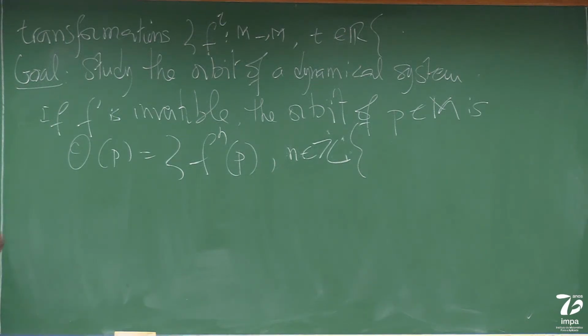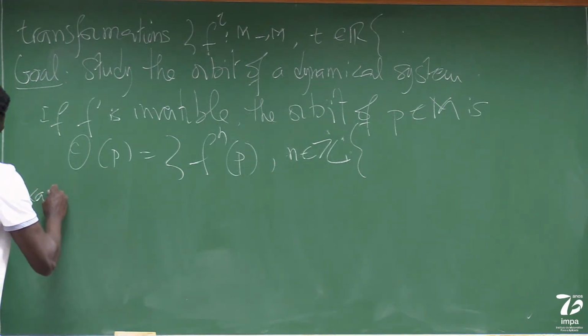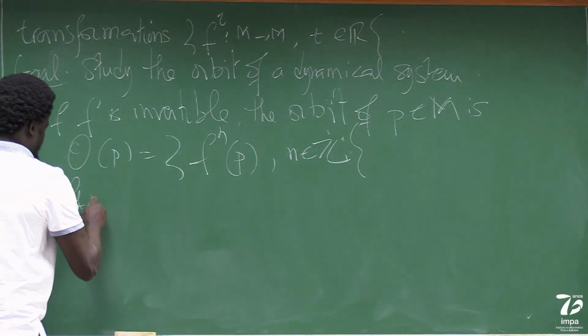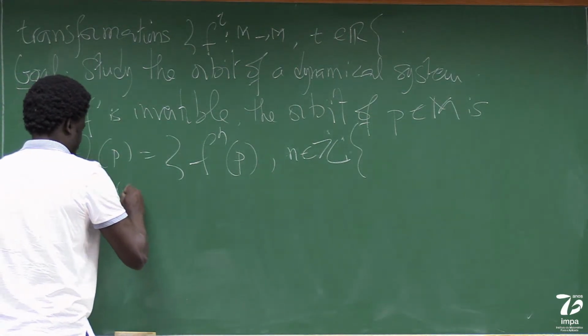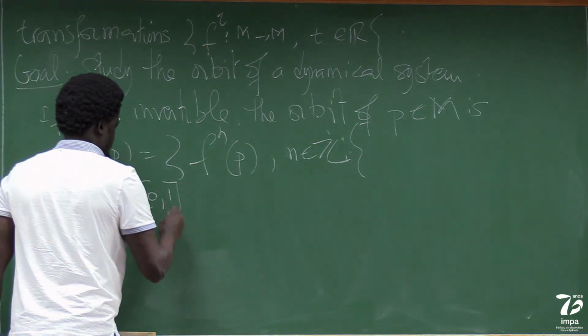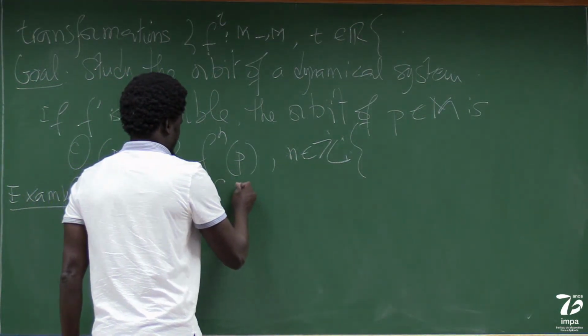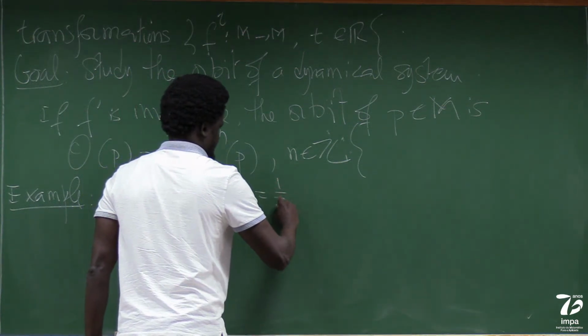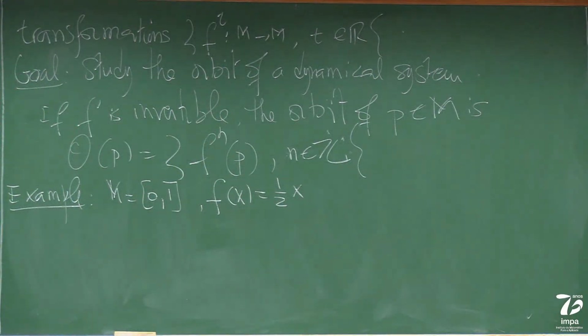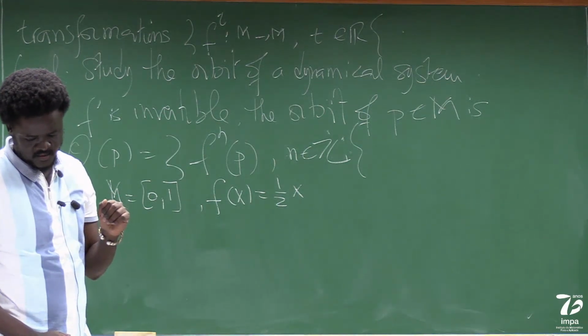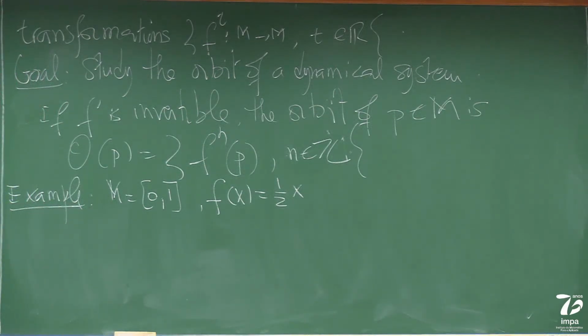So, the first example: you can consider M to be the interval [0,1], and F(x) to be x over 2. This is example 1.